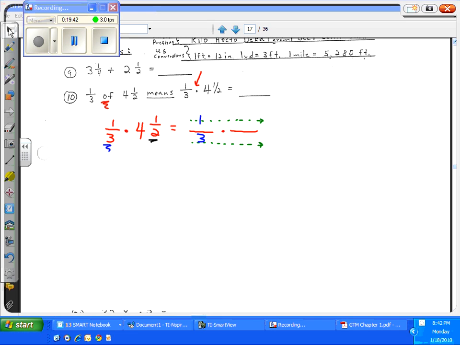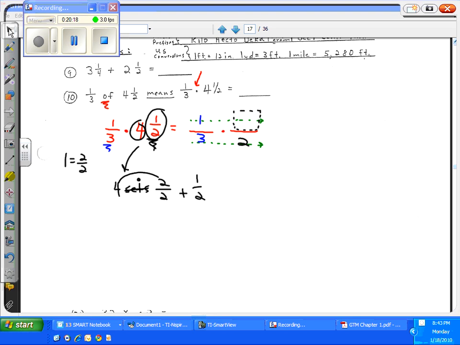The name of the second fraction is halves, and we need to know how many of those little halves we have. We talked about this logically on page 5 of the algebra book. We said what we really have is 4 sets of, we know that one whole is 2 halves, so we have 4 sets of 2 halves plus 1 half more. 4 sets of, that's the same as multiply, so we're going to have 4 times 2 plus 1.